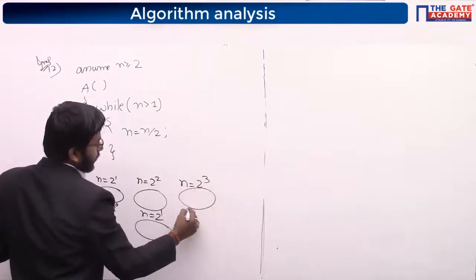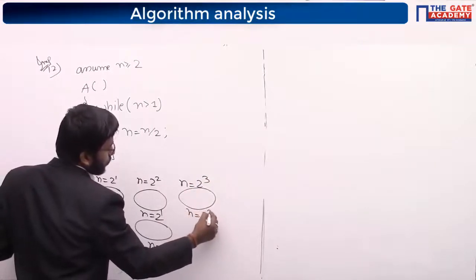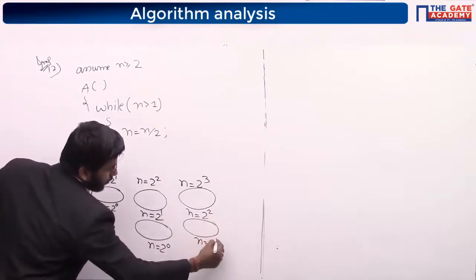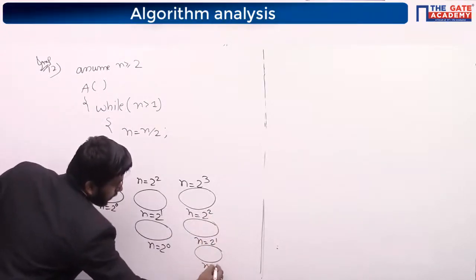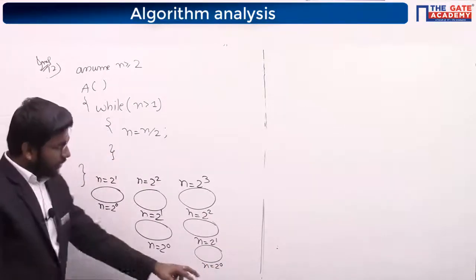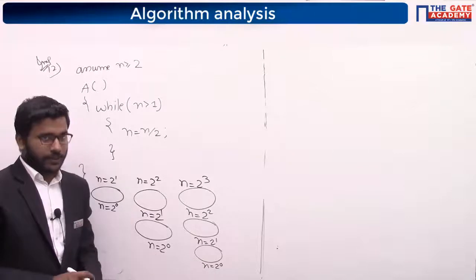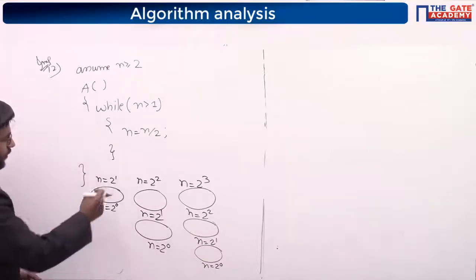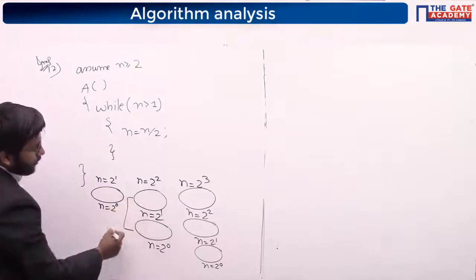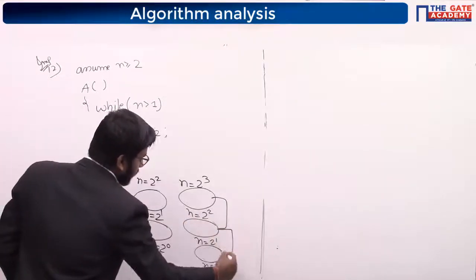Gone inside, divide by 2, so square, gone inside, greater than 1. Now 2 to the power 1 is greater than 1, gone inside. Now 2 to the power 0, so it's 1, not greater than 1. So we see that when n is 2 to the power 1 it is executed 1 time, when 2 to the power 2 it executed 2 times, when 2 to the power 3 it executed 3 times.